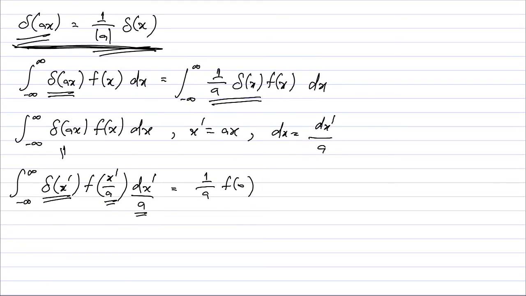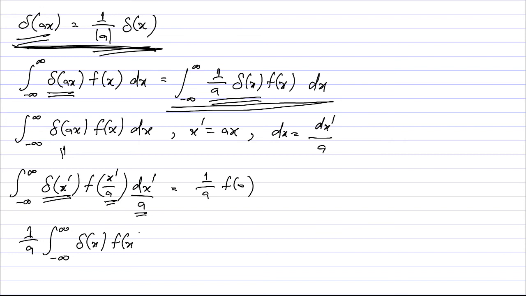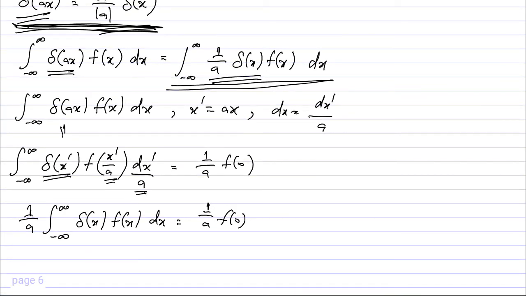On the other hand, coming back over here, the right hand side is equal to, you can take this 1 over a outside this integral and you're left with delta x f of x dx, which of course is just 1 by a f of 0. Good. This identity is fine, because under the integral sign, both the left hand side and the right hand side produce the same thing. Okay, so much for the delta function.